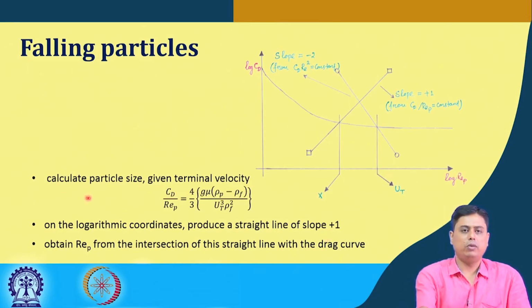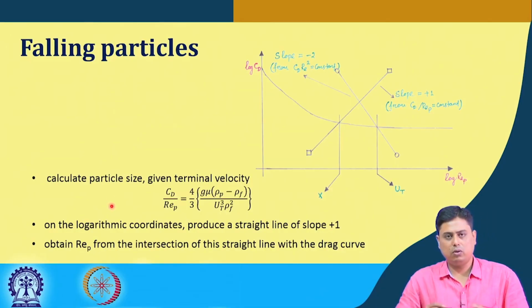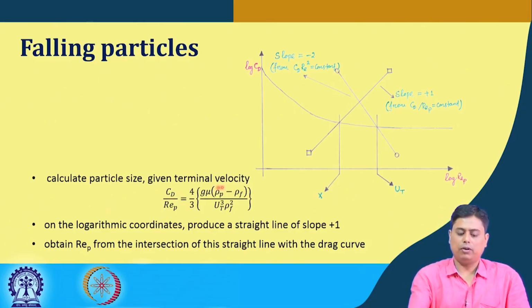Similarly, when we have to calculate the particle size for a given terminal velocity without knowing its settling region, the calculation of CD by Rep results in an expression that is independent of the particle size. There is no mention of x.